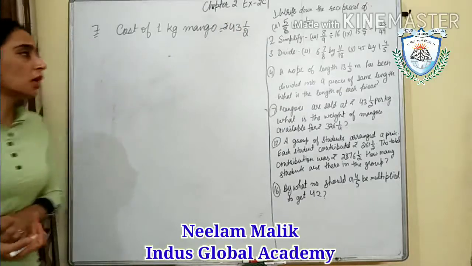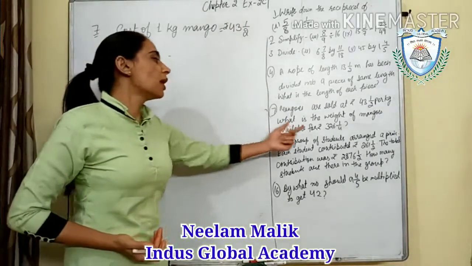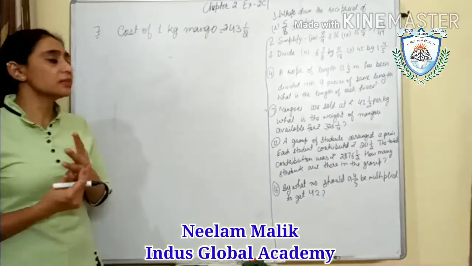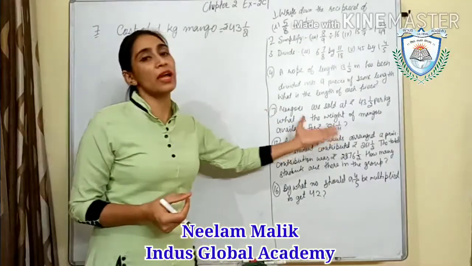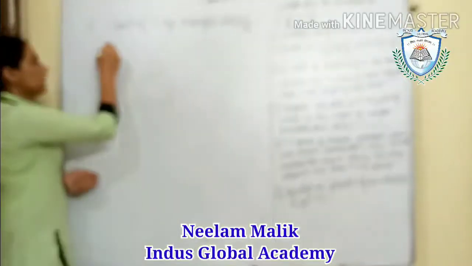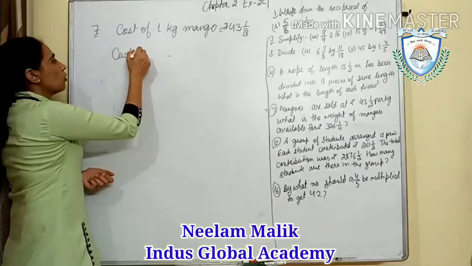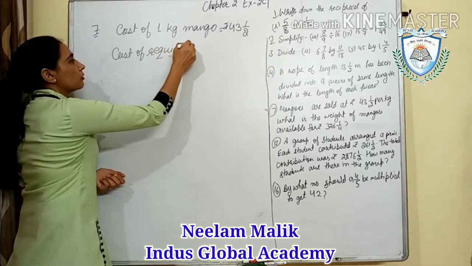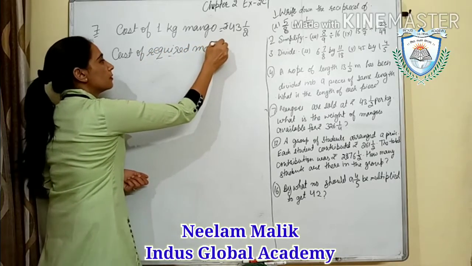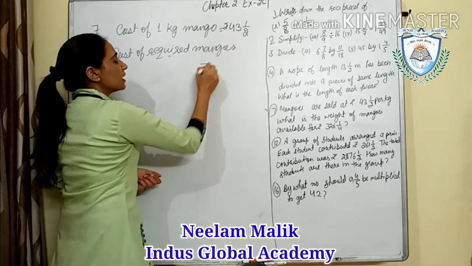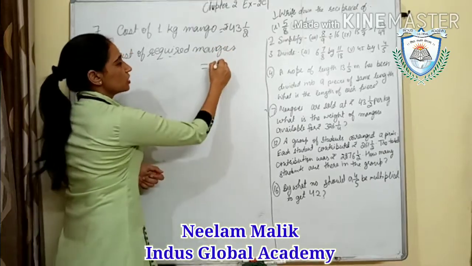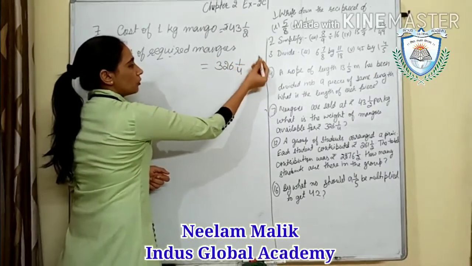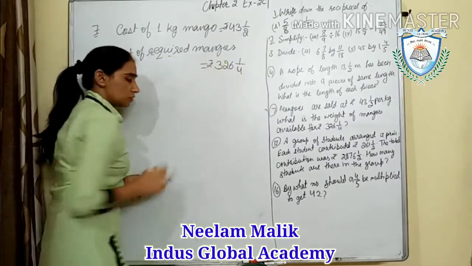Now the cost of the required mangoes, means how much mango we will get, that is our requirement. The cost of those mangoes is also given. So next we will write the cost of required mangoes. That cost is 326 and 1 upon 4, this is in rupees.